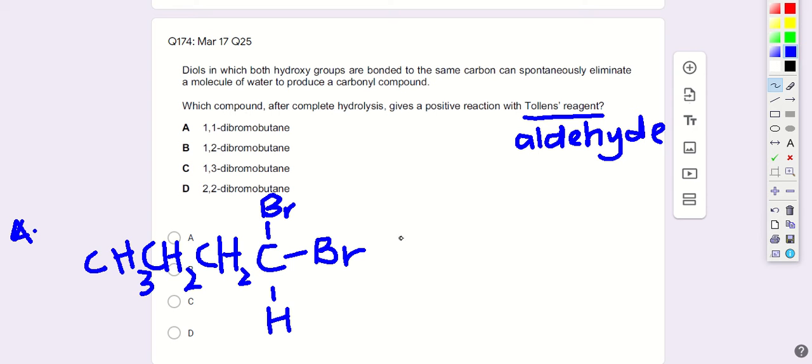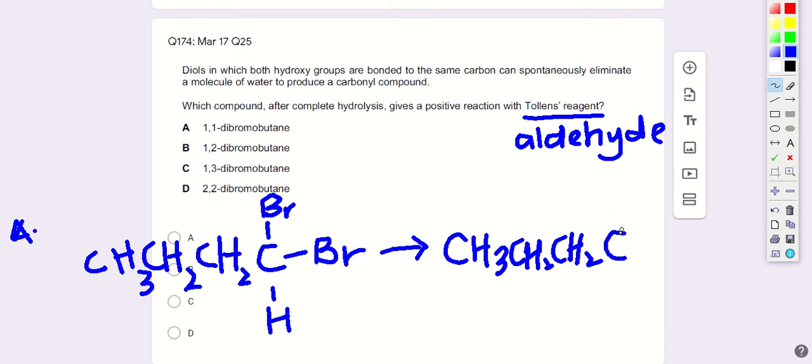Okay. So first undergo hydrolysis. That means Br will be replaced by the hydroxyl group. So all these are the same, no change. But this CH is now bonded to 2 hydroxyl groups.